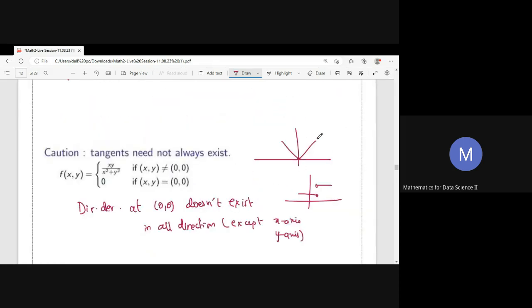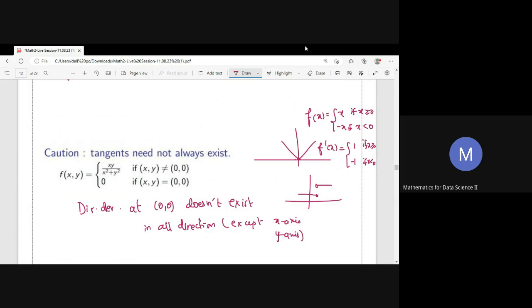Here, for example, what is the derivative of this function? You see that the derivative is not continuous at the point. For example, f of x is equal to x if x is greater than or equal to 0, and minus x if x is less than 0. So what is f dash of x? f dash of x is 1 if x is greater than or equal to 0, and minus 1 if x is less than 0.